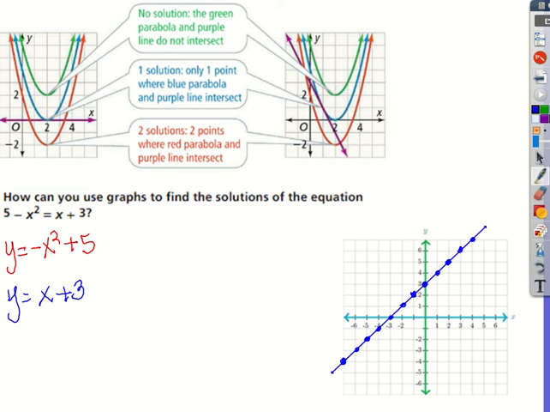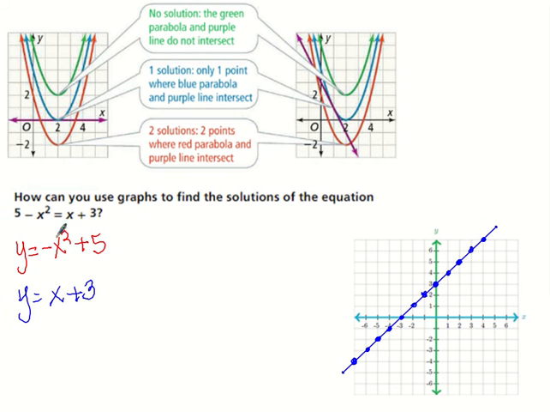So now I'm going to graph my parabola. We also know its vertex is at 0, 5. It's also its y-intercept, so its vertex happens to be its y-intercept. It is upside down because the a is negative, and it's still just 1, so that means I can go 1, 1, and then I go back to my vertex.